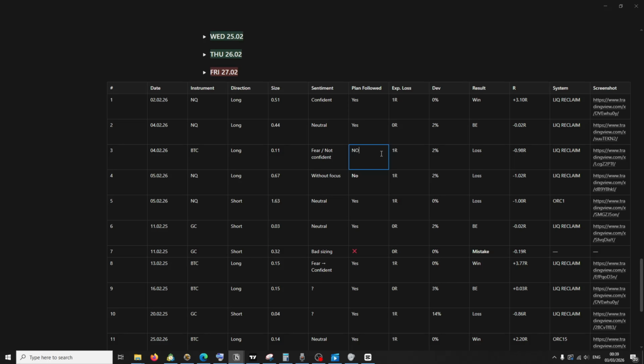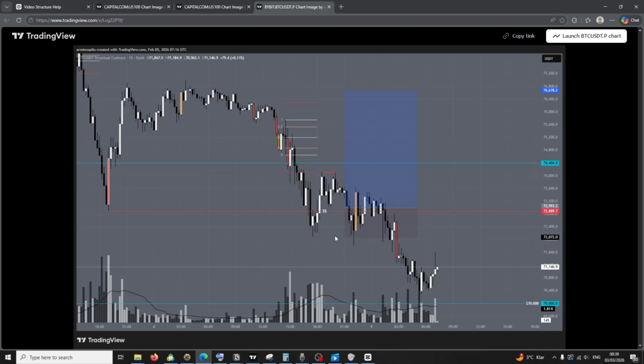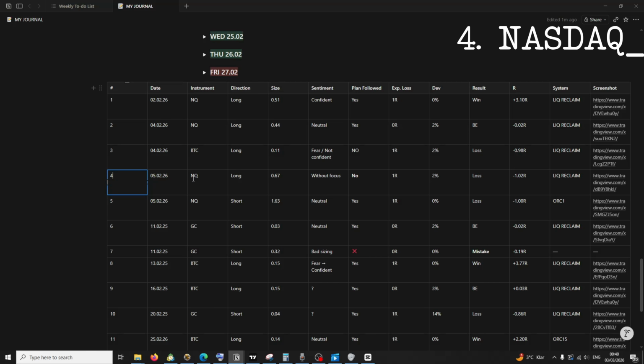This is the point of reviewing your trades. I had already forgotten about this, but now it's amplifying much more why I'm using this break-even rule. So the fourth trade of the month, NQ, long, without focus sentiment. I can remember this.